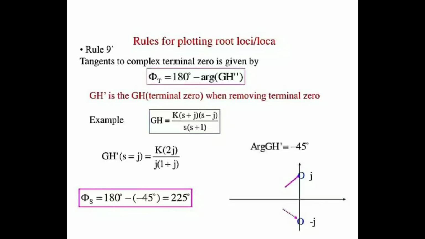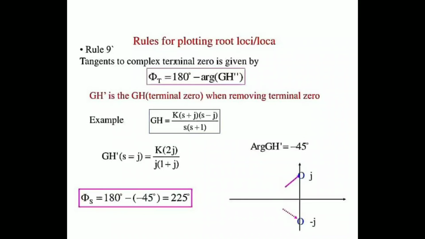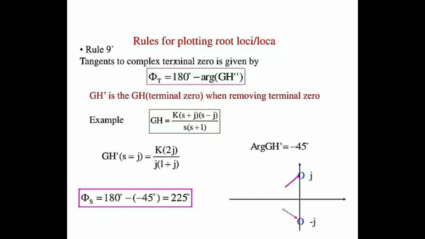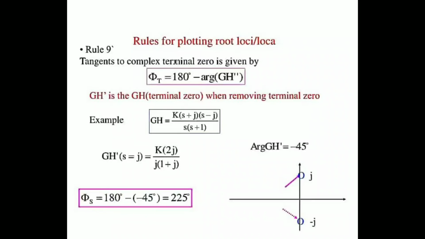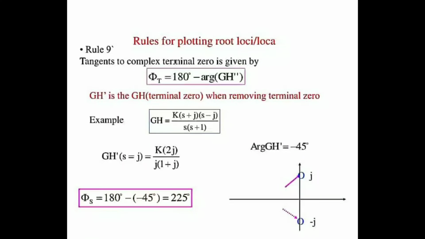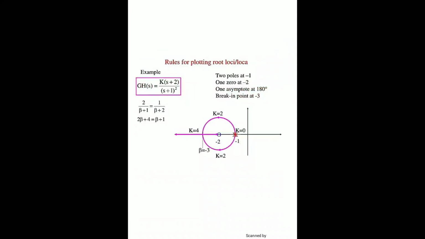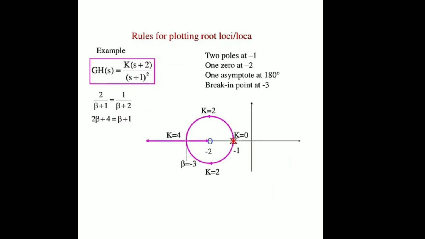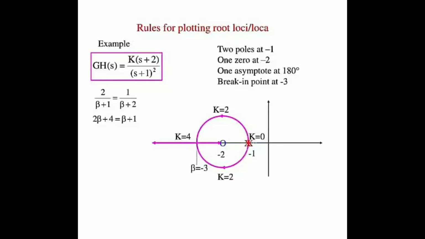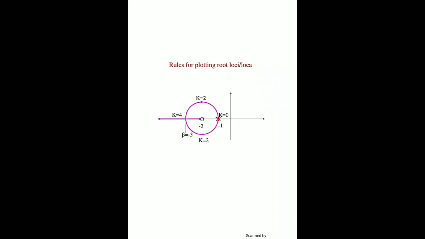So the angle of arrival is 180 minus the angle of the open loop transfer function. These are the two rules, the important rules at the end. In this way we can solve various root locus examples, and we can draw the root locus plots.